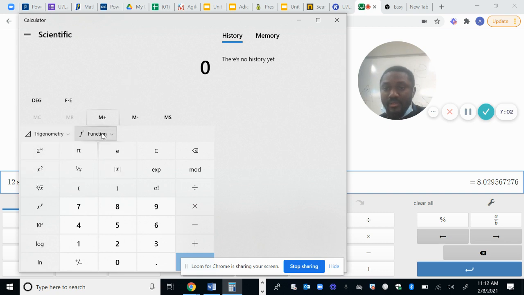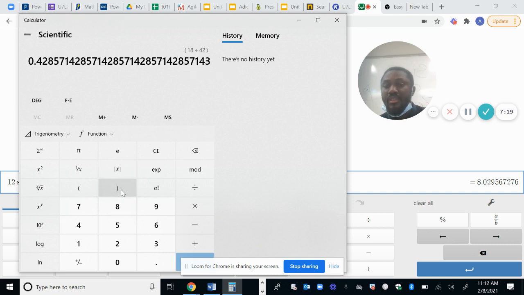So I'm going to write the dimension first, 18 over 42, 18 divided by 42. It gives me this, and then I'm going to use tan inverse of that.